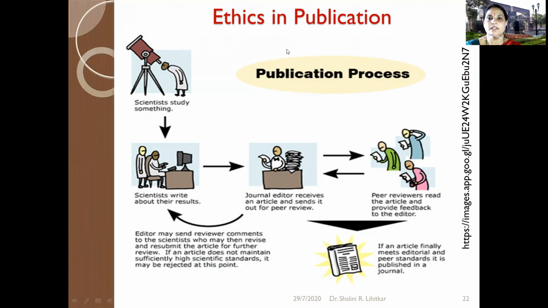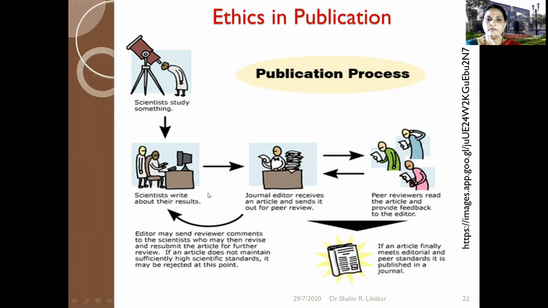while doing the publication? Before that, to see the ethics in publication, we have to see what the publication process is. Briefly, we can see this publication process. First, scientists do the studies, structure their studies, write them up, and form the various results in terms of a paper.